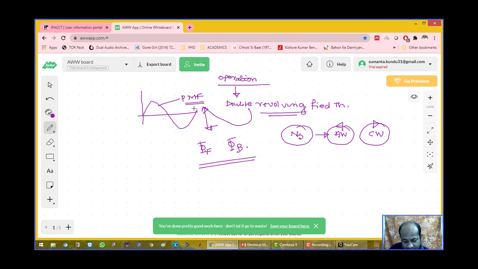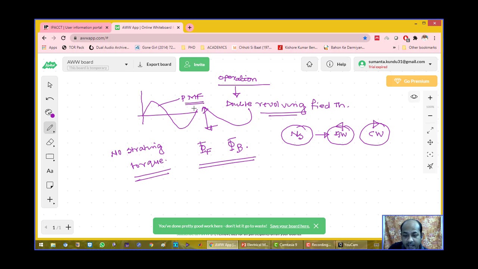Again, this double revolving field theory explains why there is no starting torque of single phase induction motor.